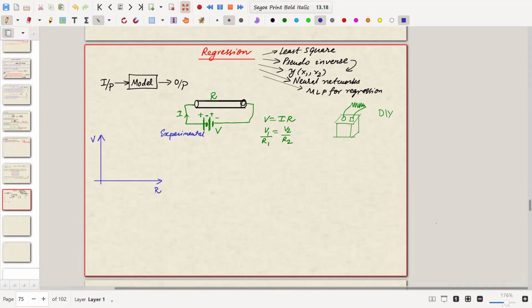Why? If it is producing a humming sound, that means the electric field is so high that it is not only passing through the wire, it is ionizing the atmosphere around it. And due to that ionization, it is converting to sound energy, and therefore you hear the humming sound.